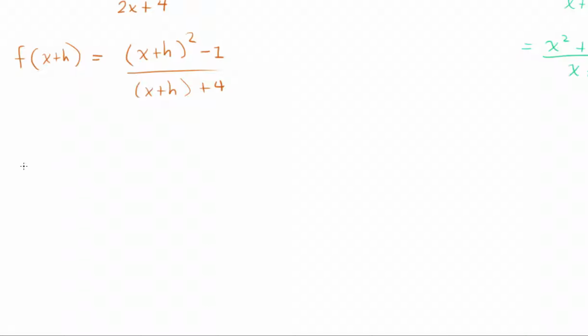Okay, just like the previous example, this is a foiling, so it's x plus h times x plus h minus 1. There's nothing to distribute here, so you can drop the parentheses.